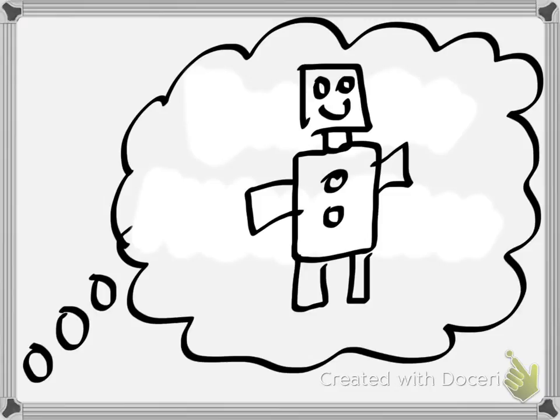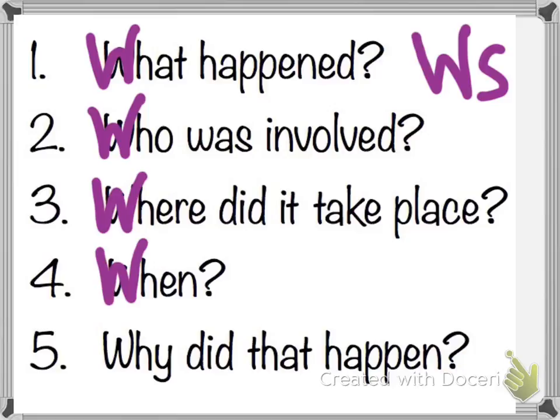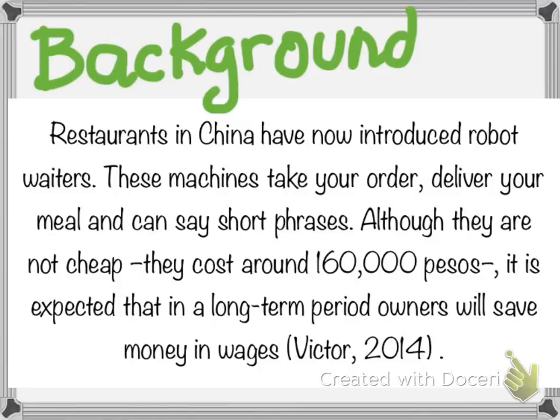In some way, we will try to answer the 5 W's. 1. What happened? 2. Who was involved? 3. Where did it take place? 4. When? 5. Why did that happen? The background to our case can be: restaurants in China have now introduced robot waiters.